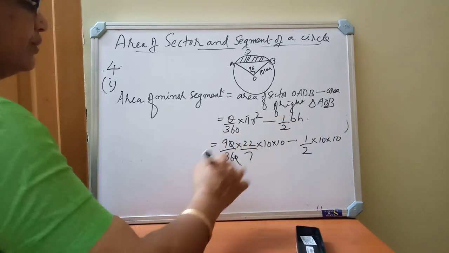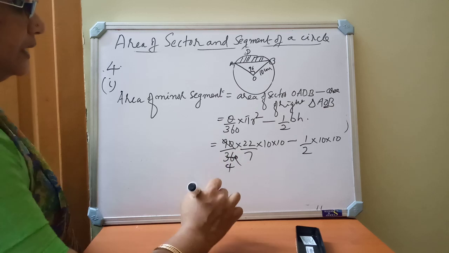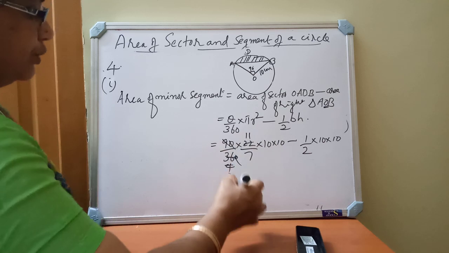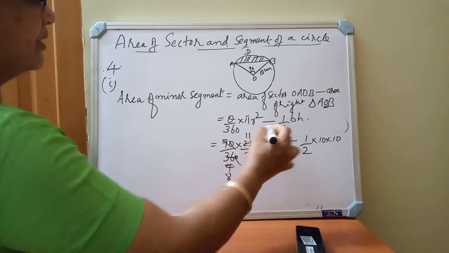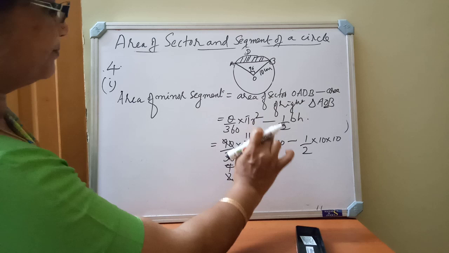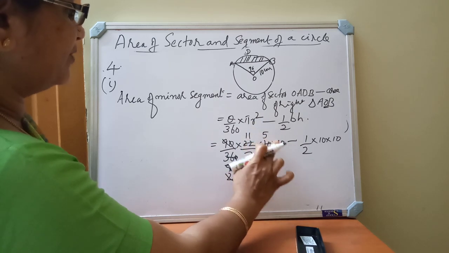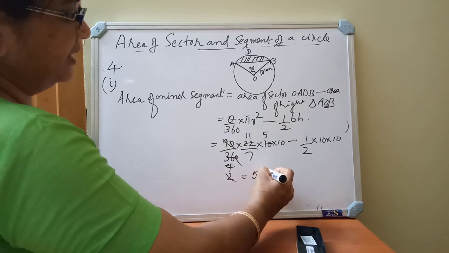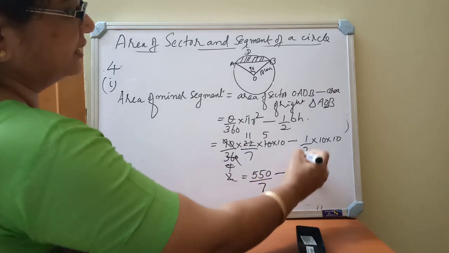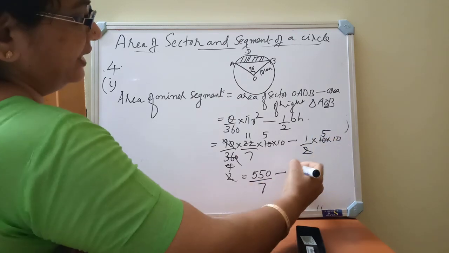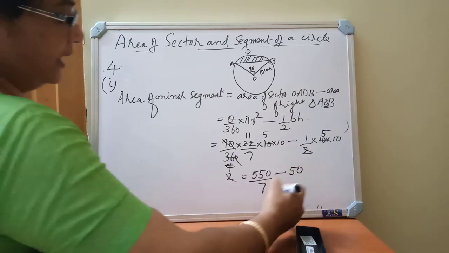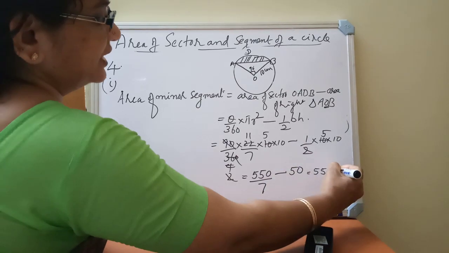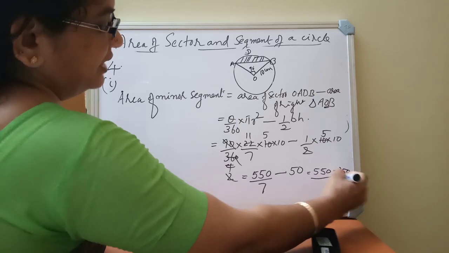So 0 and 0 get cancelled. 4 9s are 36. Okay. Then 2 2s are 4, 11 2s are 22. Again this 2 we can cancel by 5. So 11 5s are 55. 55 into 10, 550 divided by 7 minus 5 tenths are 50. Take LCM. So this is equal to 550 minus 7 5s are 35, so minus 350 divided by 7.